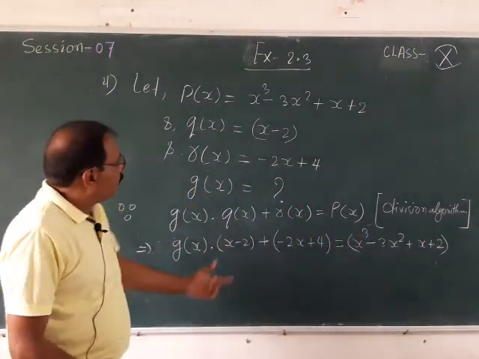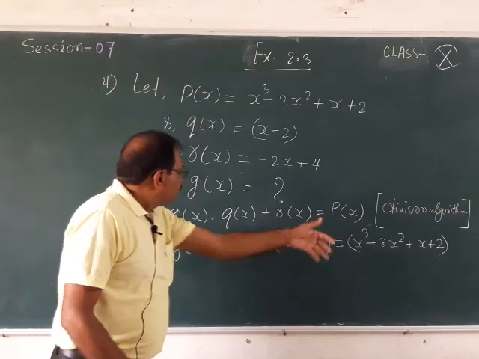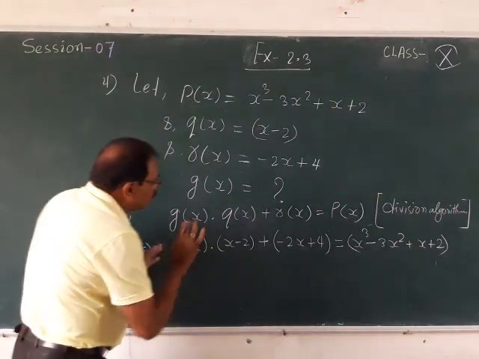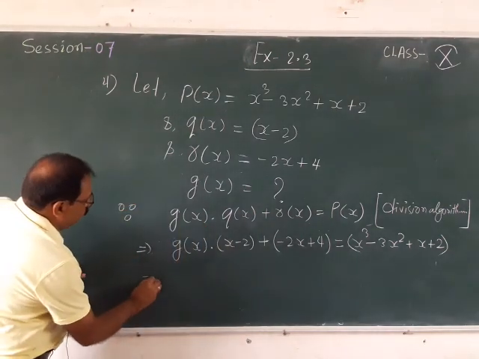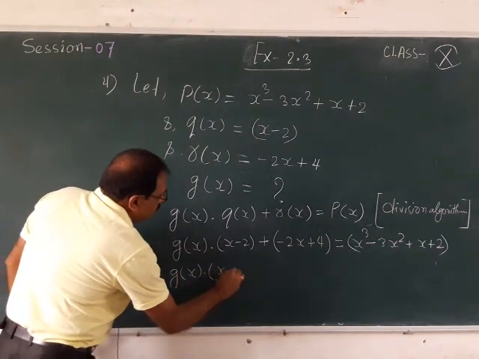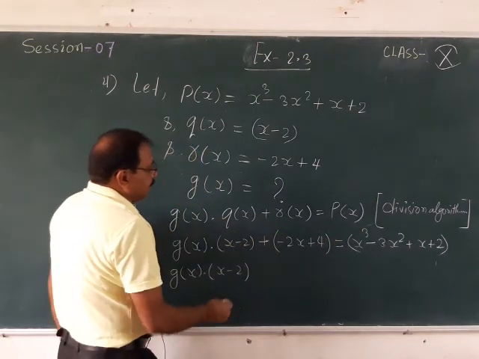So first of all, this thing should go, that means the addition work should go to the right side. I am just calculating it normally, and let me see what result I am getting. Here g(x) into x minus 2, and this completely goes to that side.